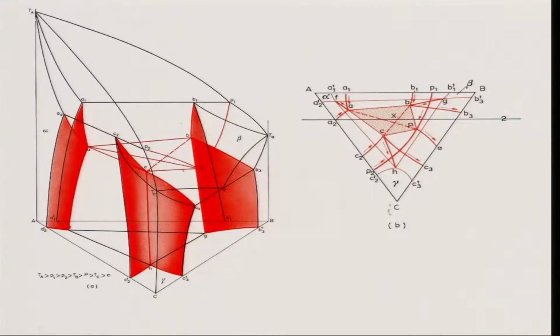Now, it will be very easy if I project everything onto the Gibbs triangle. So, that is what is shown on the right side. If you see here alpha, beta and gamma phase fields are shown, and then these points A2 and A1 extended, and then we get a point A. Similarly, B1 and B3 extended, we are getting point B, right.